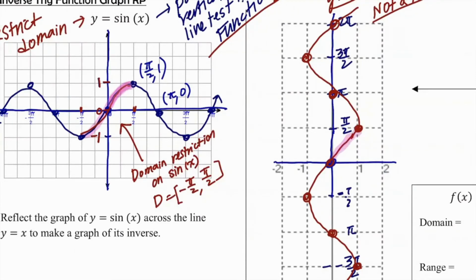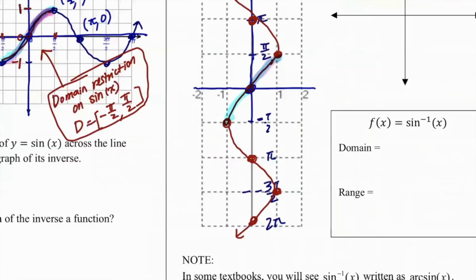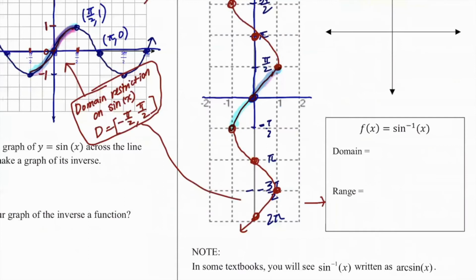Okay, that's this part. And then 0 to negative pi over 2 would be this part right here. So my domain restriction for sine is this, and that's why in your lesson, the range of the inverse sine became negative pi over 2 to pi over 2, because remember, domain and range switched, okay?